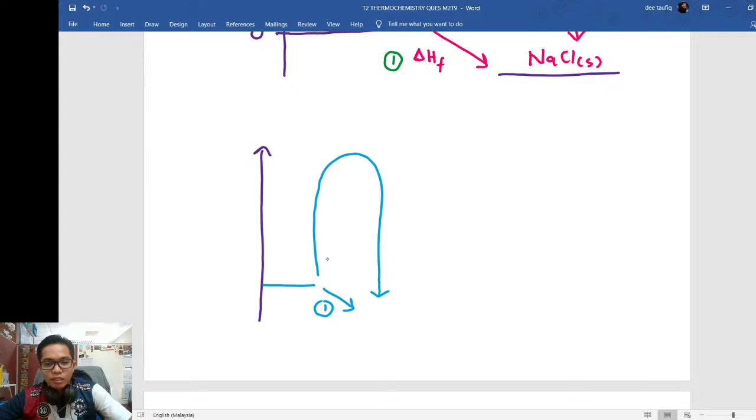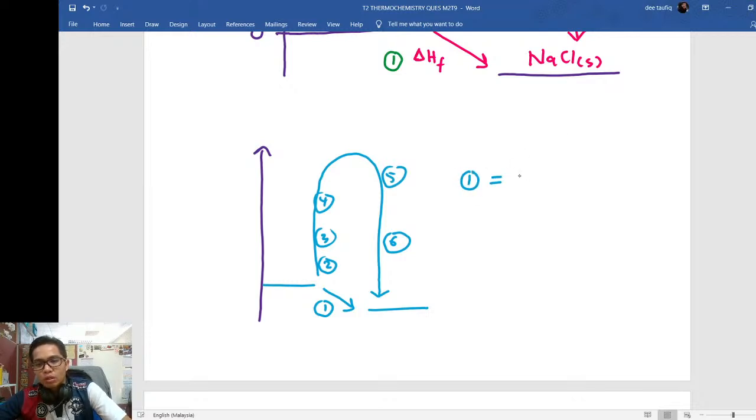So yang 1 kat sini dan kita ada nombor 2 kat sini, kita ada nombor 3, kita ada nombor 4, nombor 5 kat sini dan nombor 6. So from this diagram yang kita sketch balik daripada atas, so the value of number 1, we see delta HF is equal to delta H number 2 plus number 3 plus number 4 plus number 5 and plus number 6.